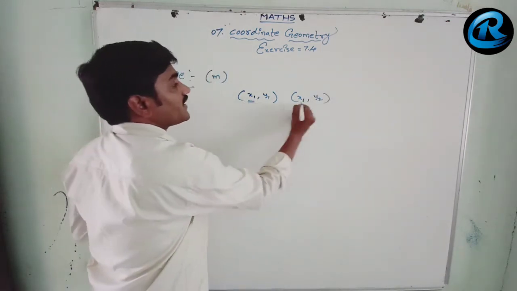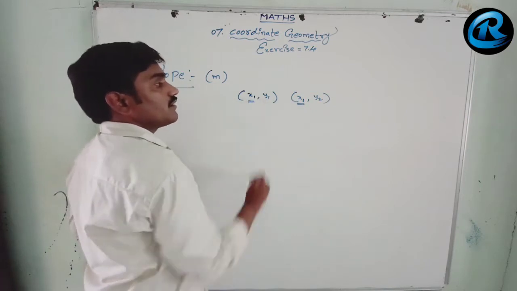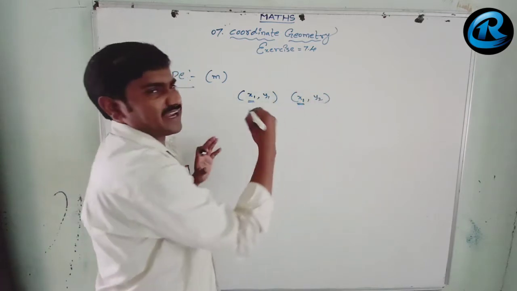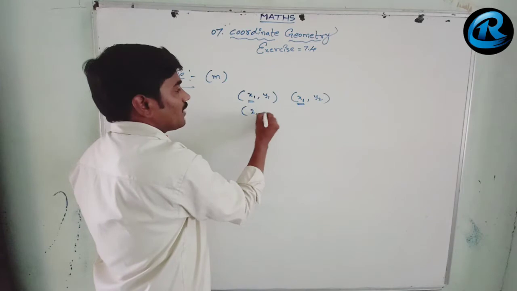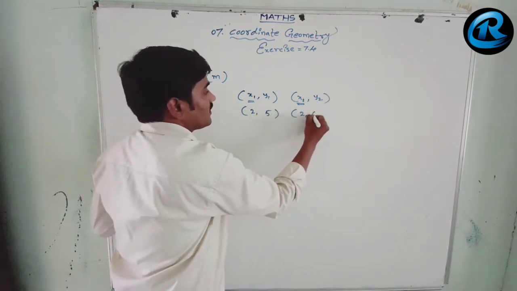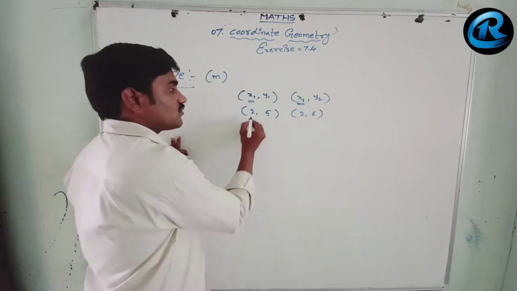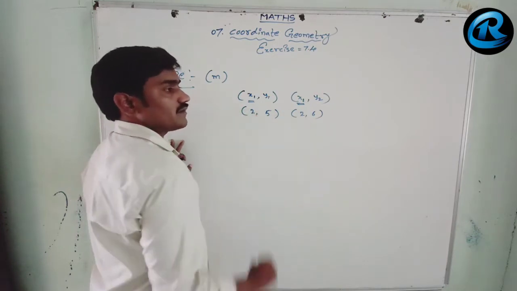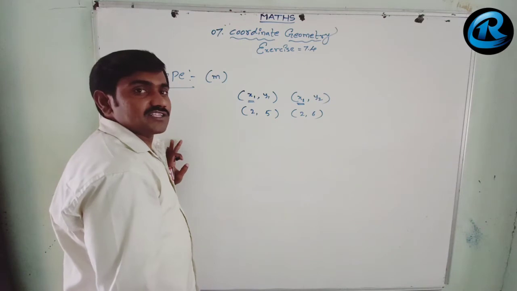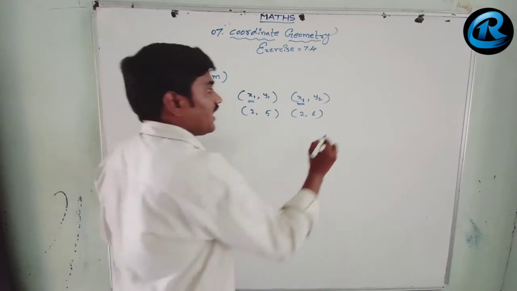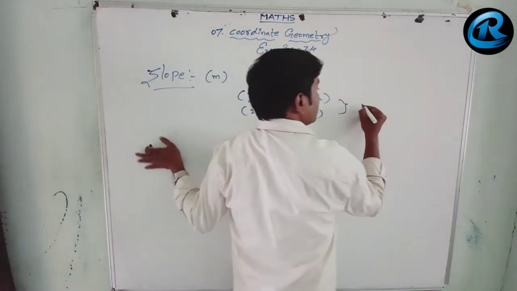The x coordinates are same and the y coordinates are different, like suppose 2 comma 5 and 2 comma 6. Then the slope is undefined.